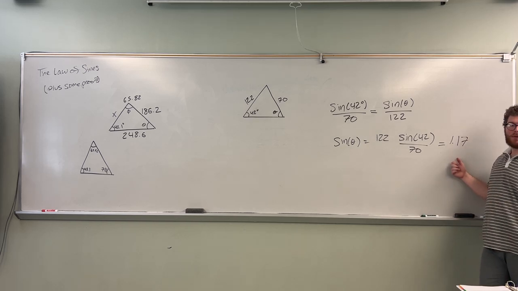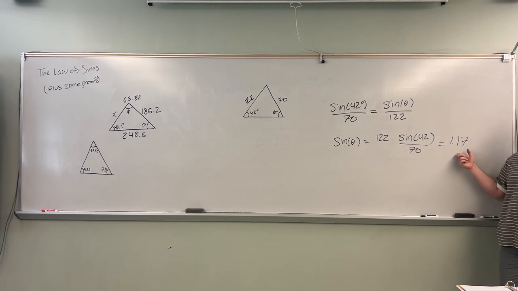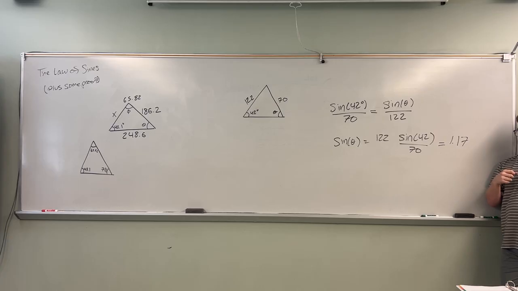What is the problem with me saying that sine of an angle is 1.17? Yes? It's a decimal instead of a fraction. That's not the problem. It doesn't matter that this number is a decimal. I could have written this as 8 over 7, which is approximately, yes. Is it outside of the valid domain?